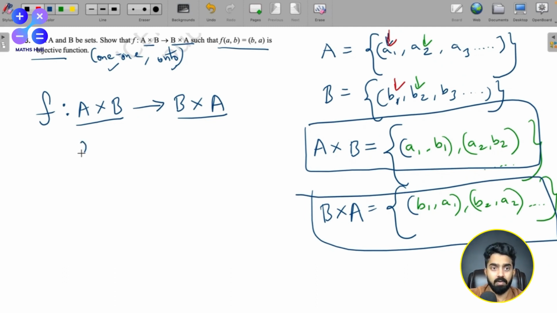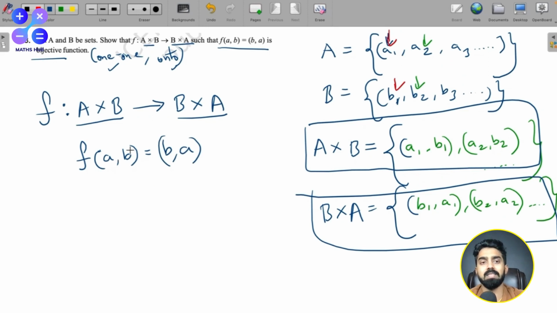Now the function itself is f of (a, b) equals (b, a). So what is this function doing? It's basically flipping these terms, right? It takes in two terms, a and b, and makes them b and a. So it just reverses the order of the terms. It converts this into this. That's simply what the function is doing.